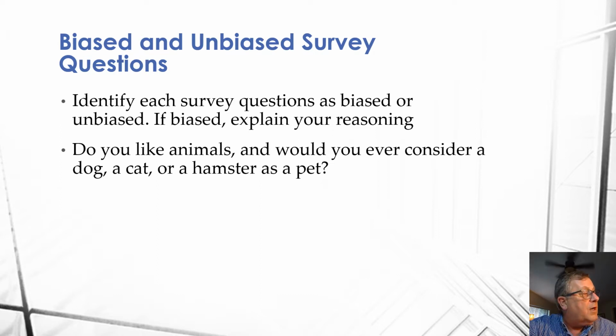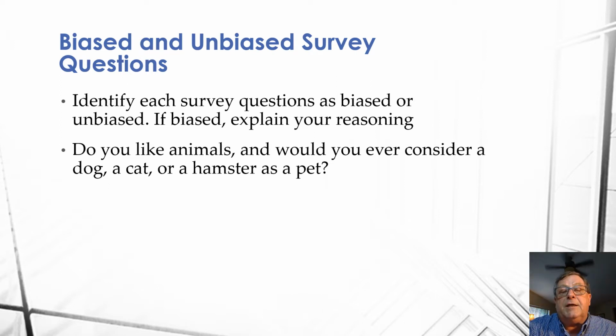Well, now remember, one of our conditions of something that can introduce bias into a survey question is if we are addressing more than one issue. And so in this example, well, the first part of our question is, do you like animals? Well, that's a yes or no question. And if that was by itself, that would be fine. And then it comes back and says, would you ever consider a dog, a cat, or a hamster as a pet?